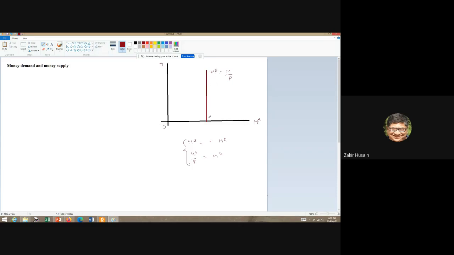So at any point of time, you have a certain amount of money supply, and we can also think that over time, the money supply can change. So the money supply can be like this, it can be like this. So if you're moving from here to here, you have an expansionary policy, and when you're moving from here to here, you have a contractionary policy.